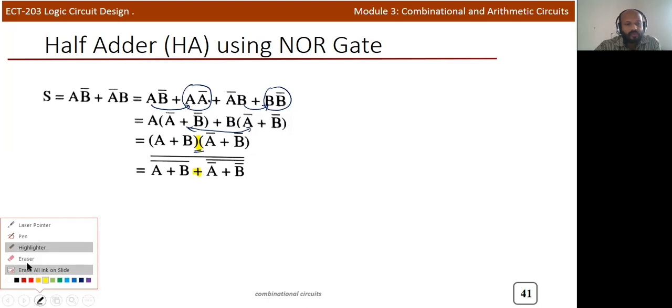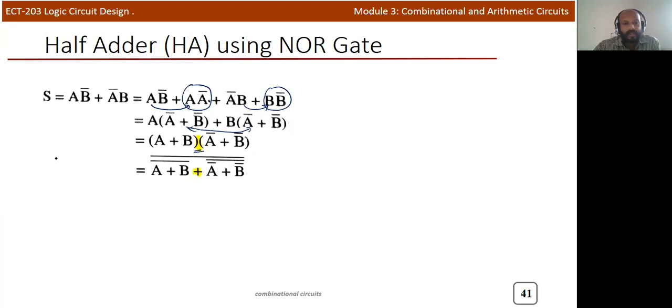So for that we can apply double negation. So we'll put two bars here. So A plus B, because we need a NOR gate. So A bar plus B bar. So we'll apply two bars here. So the result will be exactly the same, and we'll operate one of the NOT operations.